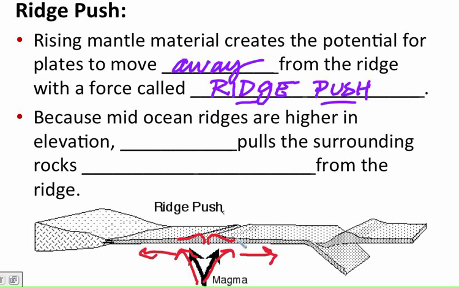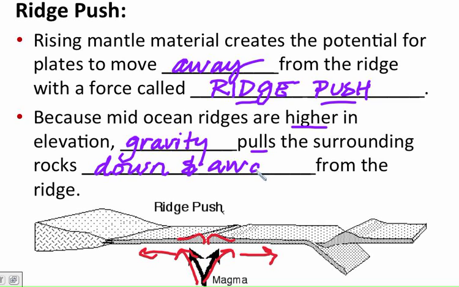As that ridge starts to form and becomes higher in elevation, I start to see gravity take over a little bit. And so what gravity does is it starts to pull the surrounding rocks a little bit down and away from that ridge, creating what we know as a divergent boundary, right?